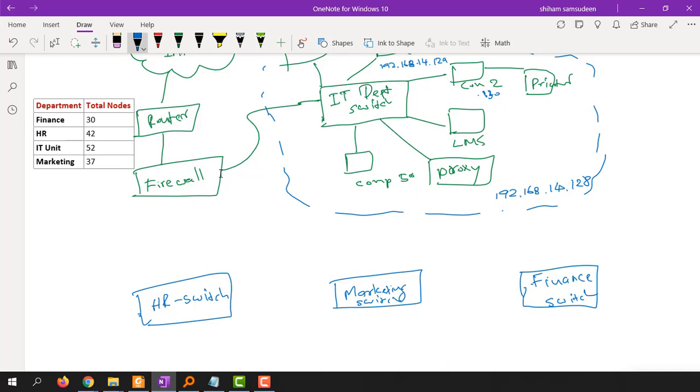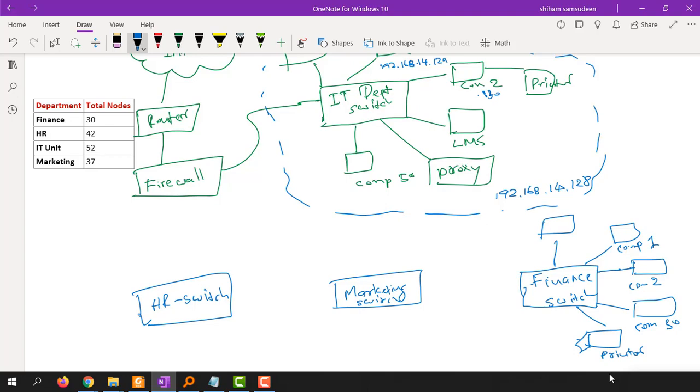For the finance we would require 30 computers. So here is computer 1, this is computer 2, and here computer 30, and there could be a separate printer as well here. Printer, this is the network printer, right? And then for the finance there was a system, right?